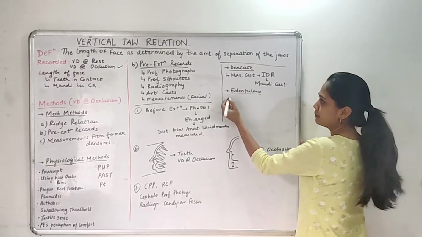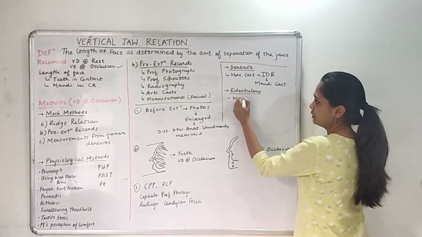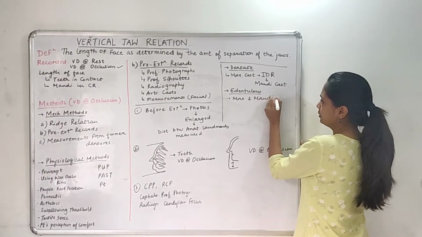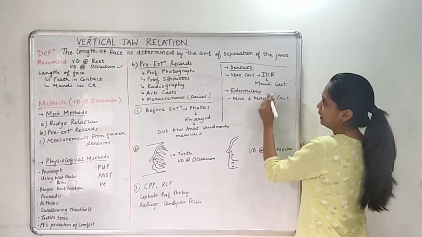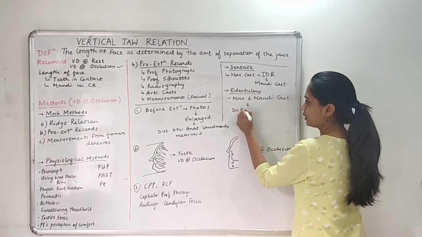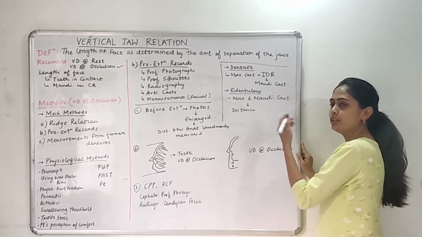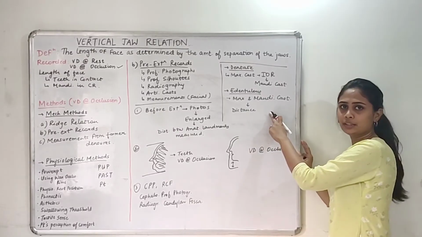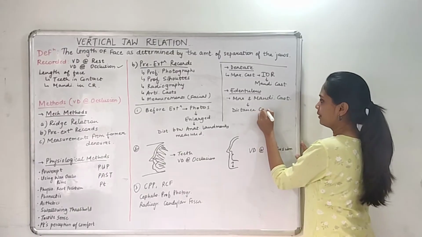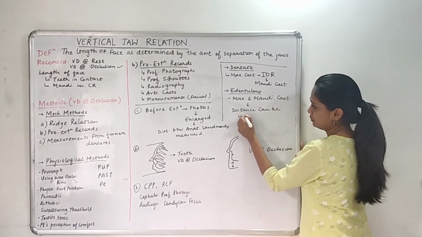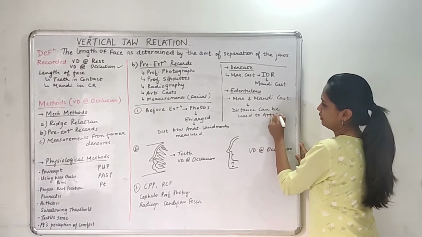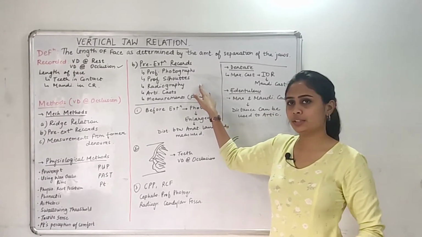So in the edentulous, the maxillary and the mandibular cast are articulated separately, and then the interocclusal record that we had here can be used as a reference to articulate the edentulous cast. Okay, so this is about the articulated cast.